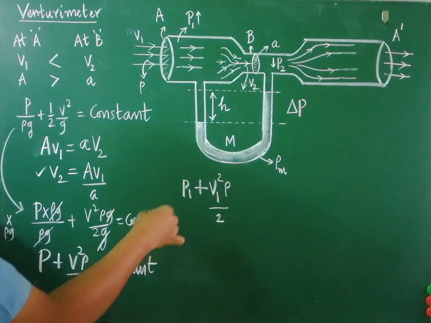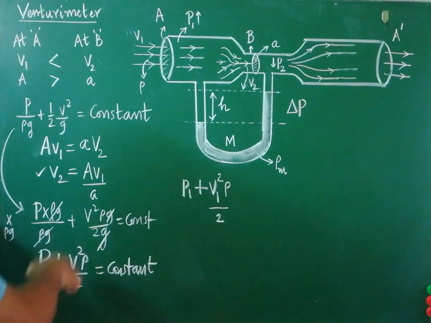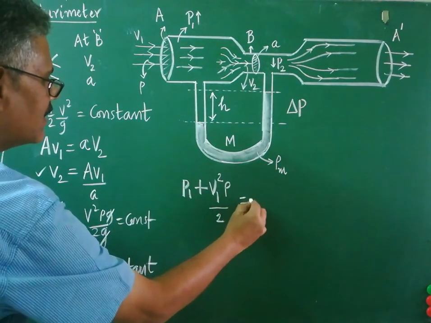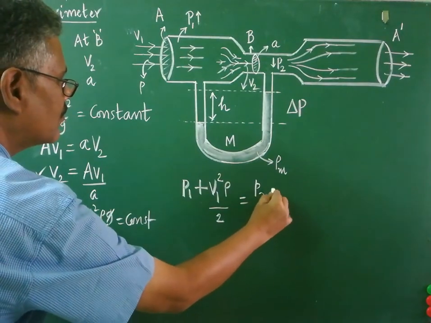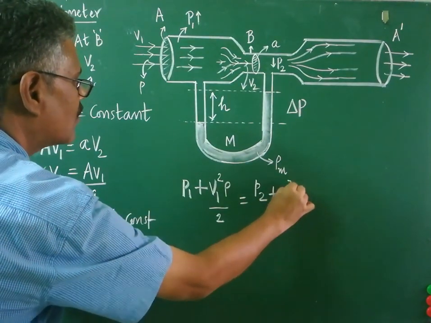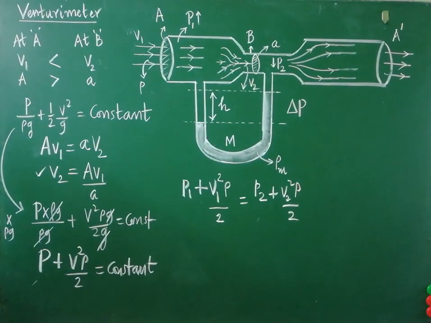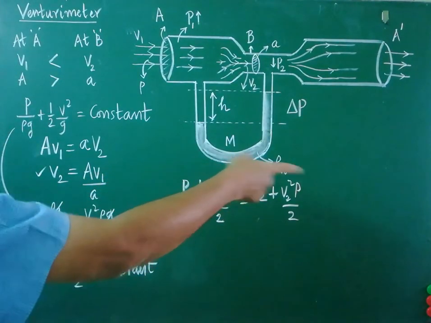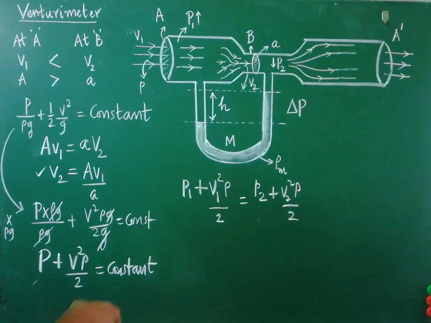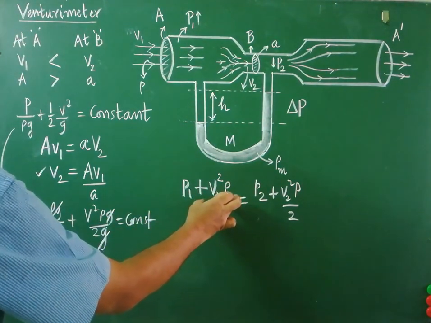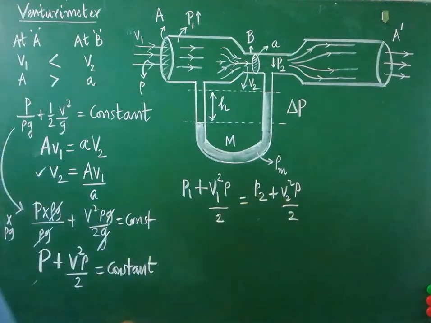The same kind of equation is to be written for end B. Therefore I can write it as P2 plus V2 square rho divided by 2. Both are equal to a constant. Understood? This is the equation written for end A, and this is the equation written for end B. Could you understand this?